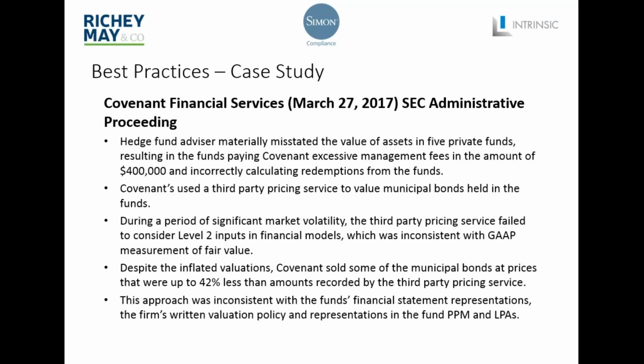And especially because the advisor sold some of the bonds at prices that were over 40% less than what the third-party valuation service valued them at. So the SEC found that was inconsistent with both the governing documents and the firm's valuation policy, but also with the financial statements.